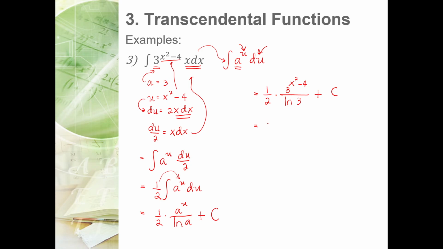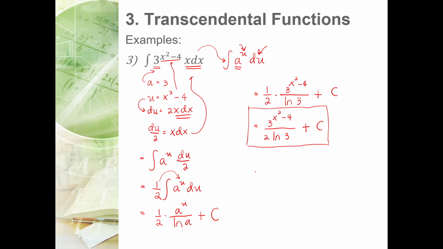So multiplying, we have 3 to the power of x squared minus 4 all over 2 ln 3 plus c. So you don't have to really get the numerical value of the denominator. So pwede na siya na.